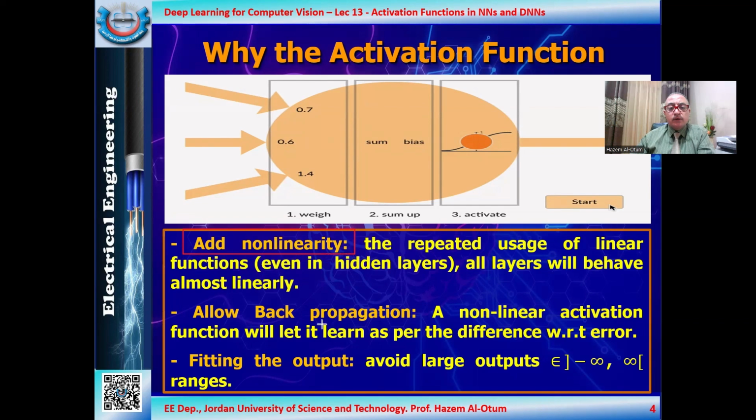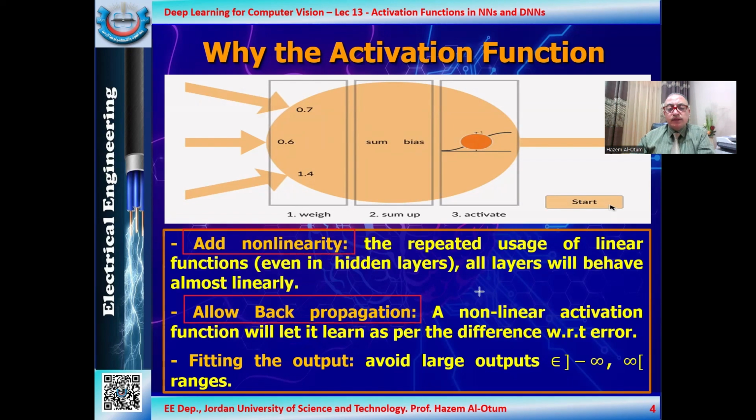This nonlinearity will help us to use different functions to modify and to calibrate our output into a specific range. This will cause the output to be a sort of nonlinear output of the applied input at this stage.